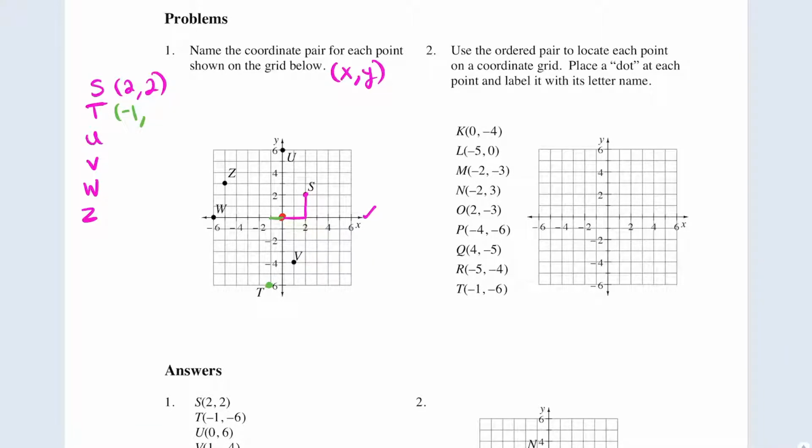Because it's the first point to the left of 0. Okay, and now I'm going to move to my y-axis. I'm going to move all the way down to what looks like a 6, but be careful, right? We are below 0. We're below this red dot here, and when we go below 0, our numbers are negative. So our coordinates are going to be (-1, -6).